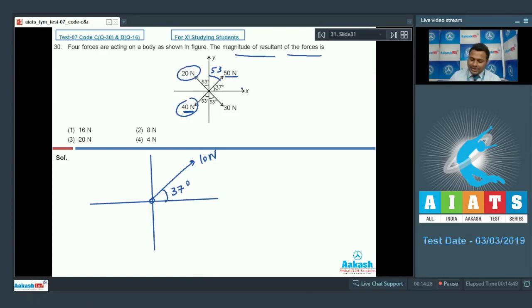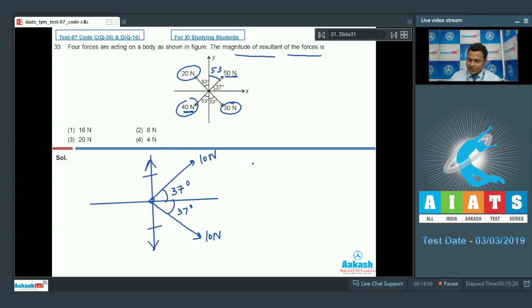Again 20 and 30 are exactly opposite, so the resultant will be toward the greater one, that is 30 Newton. So the net force of 20 and 30 will be 10 Newton, making the same angle 37 degree. Now the net resultant of them: their y components will cancel each other, 10 sine 37 and 10 sine 37.